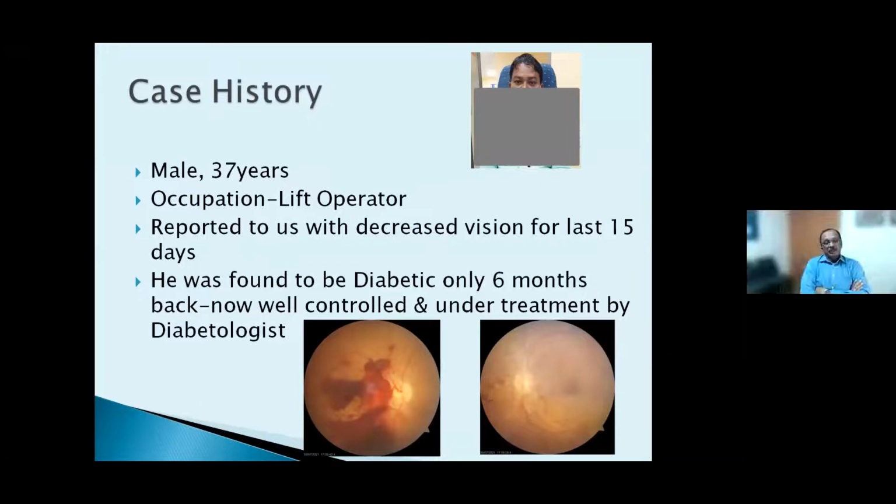One very important thing is to understand his metabolic status. We have to find out all his blood parameters. As far as the eye is concerned, the left eye also looks like it has PDR with fibrous proliferation. I would explain the situation to the patient.